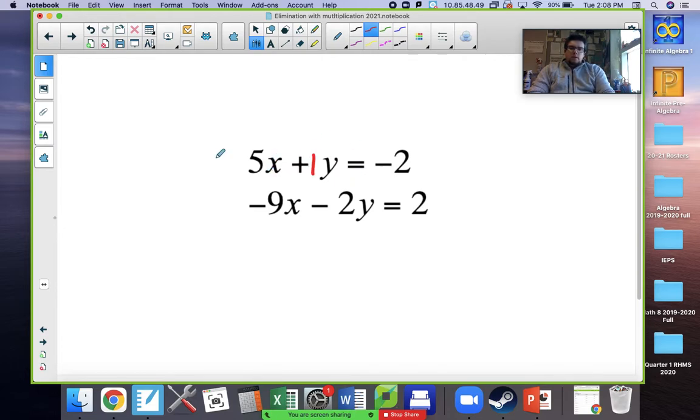So what I like to do is look at the 5 and the 9. First number that I could think of that 5 and 9 both go into, 45. First number that 1 and 2 both go into is 2. So our choice is to either make the x's say 45 or have the y's say 2.